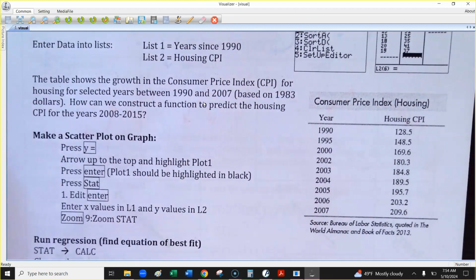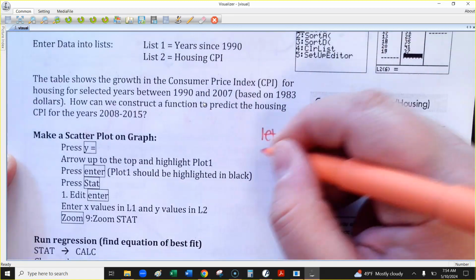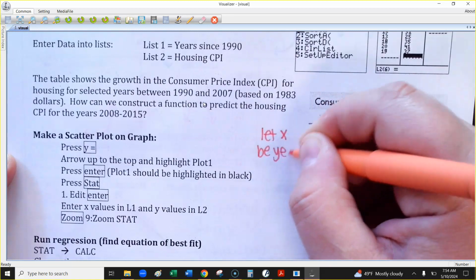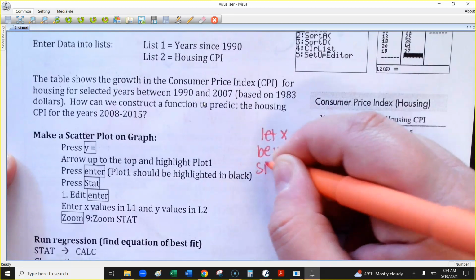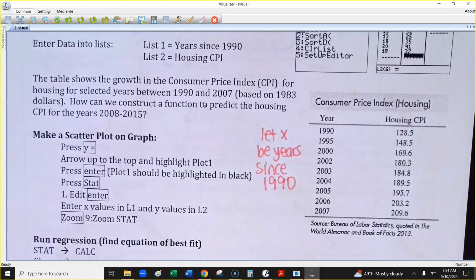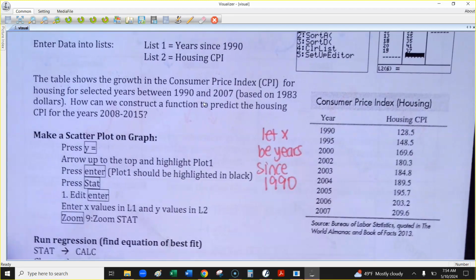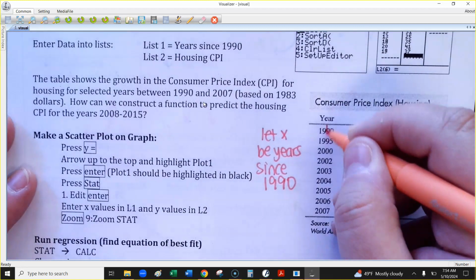What I'm going to do here is let X be years since 1990. They do this a lot of the time if you have a year in the data value, so they don't have to type out 1990, 1995, whatever. So I'm just going to reorchestrate this data with smaller numbers.